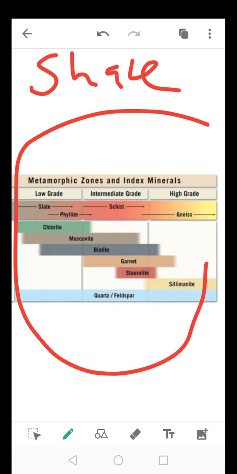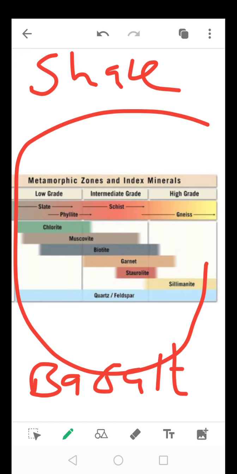If this were basalt, it would form rocks such as greenschist, amphibolite, and granulite, respectively. So different protoliths form different metamorphic rocks, and those rocks occurring within each grade or metamorphic zone would have different mineral assemblages.